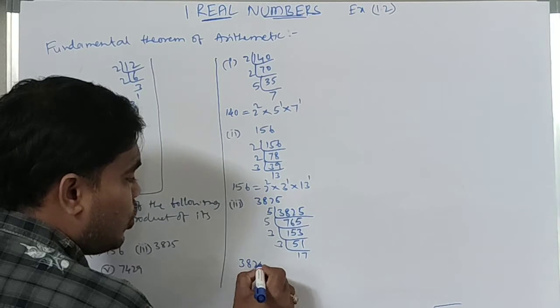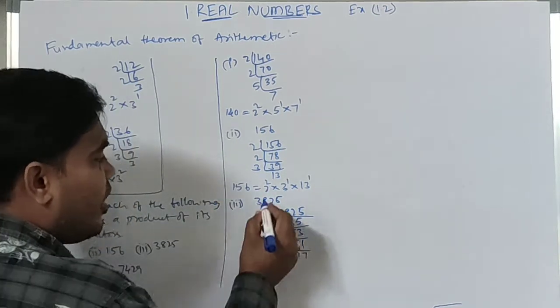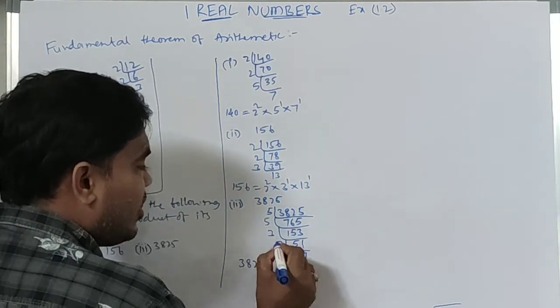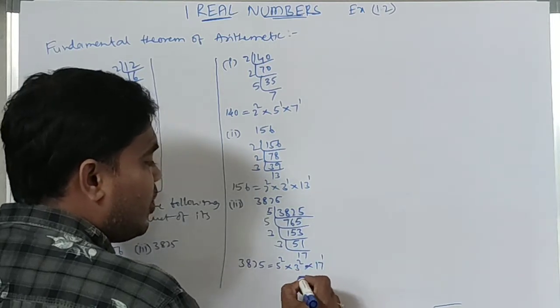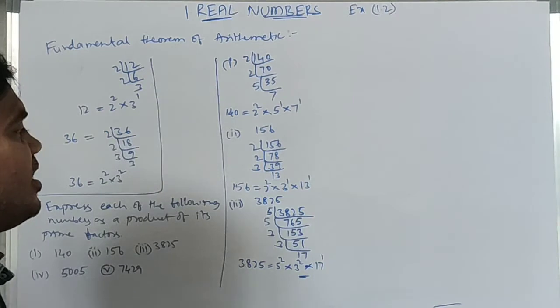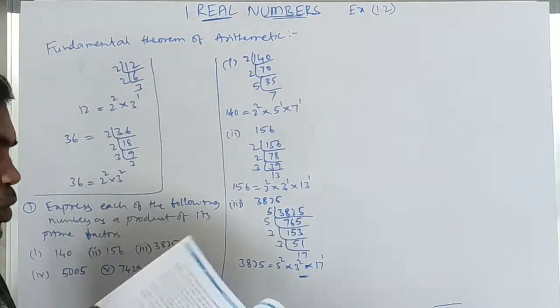So 3825 equals 5 square into 3 square into 17 power 1. So this is the prime factorization of the number 3825.